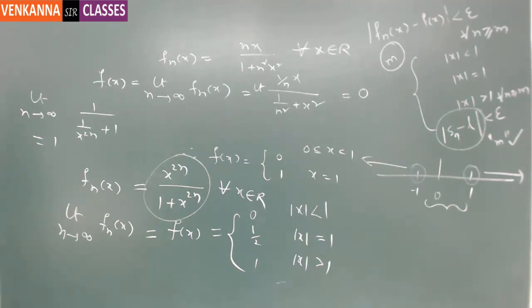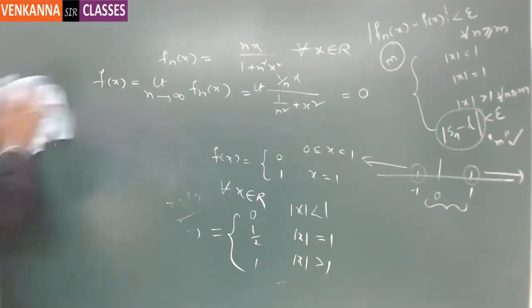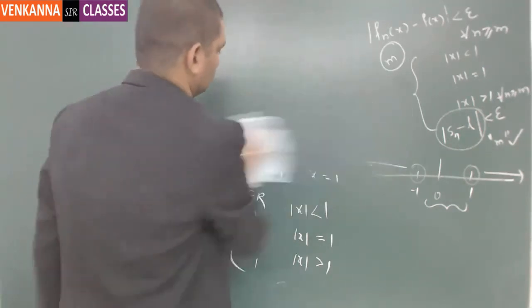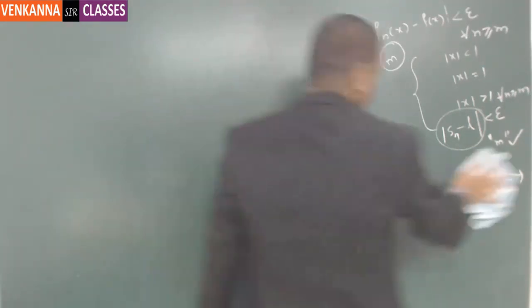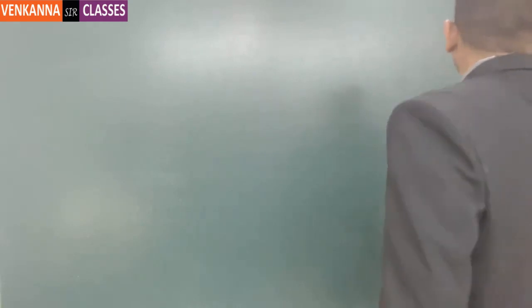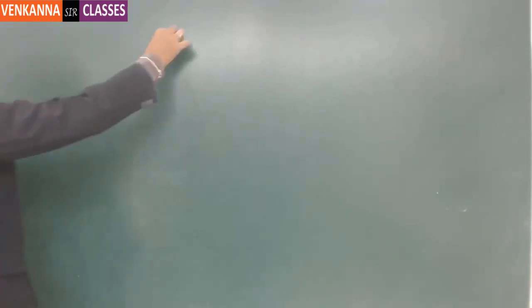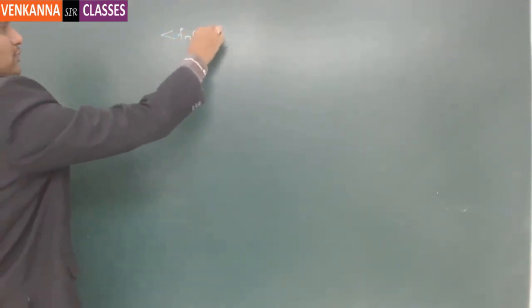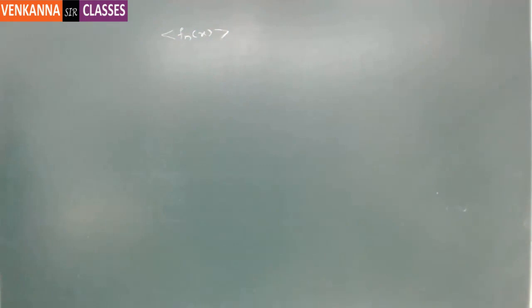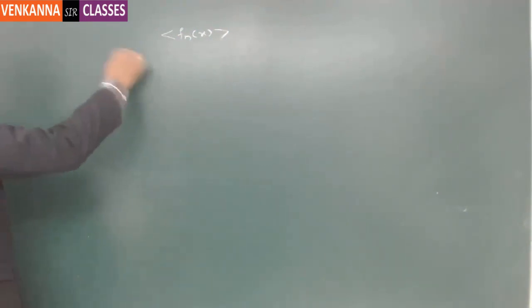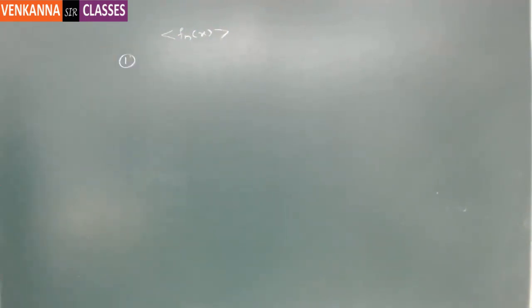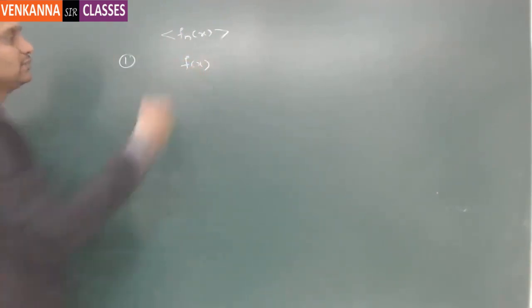The overall approach for each and every problem is mainly based on two things in this module. Suppose I have given a sequence of functions fn of x to you. What is the first step in the evaluation? By applying limit n tends to infinity for fn of x, we should know the limit function f of x.